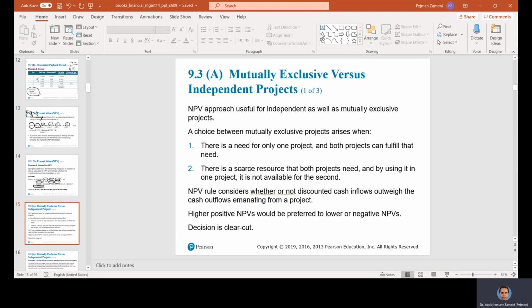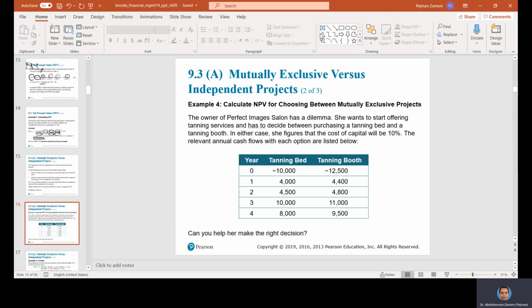NPV rule considers whether or not discounted cash inflows outweigh the cash outflows emanating from a project. Higher positive net present values would be preferred to lower or negative net present values. Decision is clear cut.